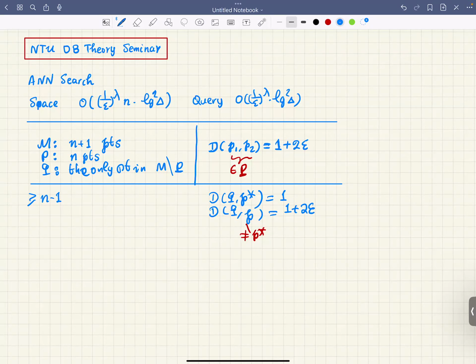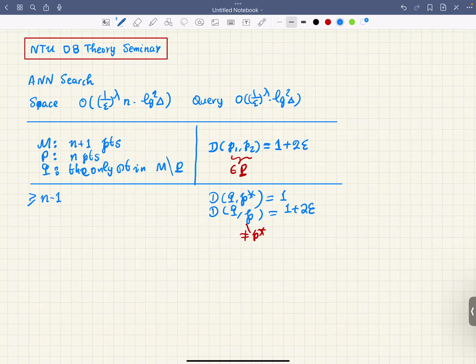Furthermore, I have to play by the book, meaning that this distance function ought to be a metric. It has to satisfy the triangle inequality. Does it? Obviously, yes. You just do a case-by-case analysis.